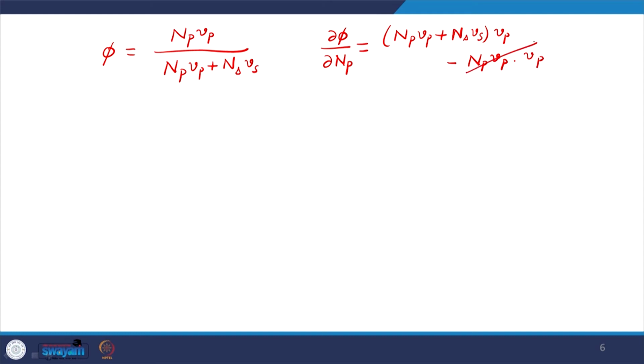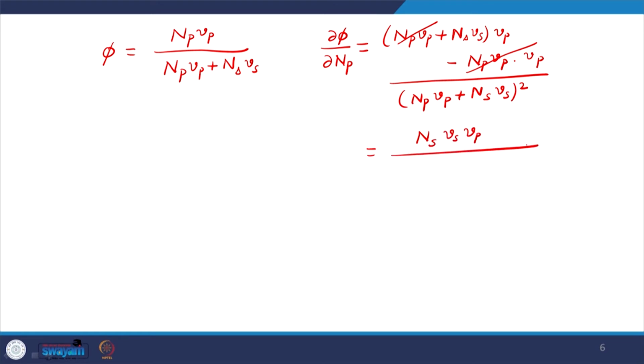So, this will cancel the first term right here, divided by the denominator squared, which will give me N_s V_s V_p divided by N_p V_p plus N_s V_s whole square.